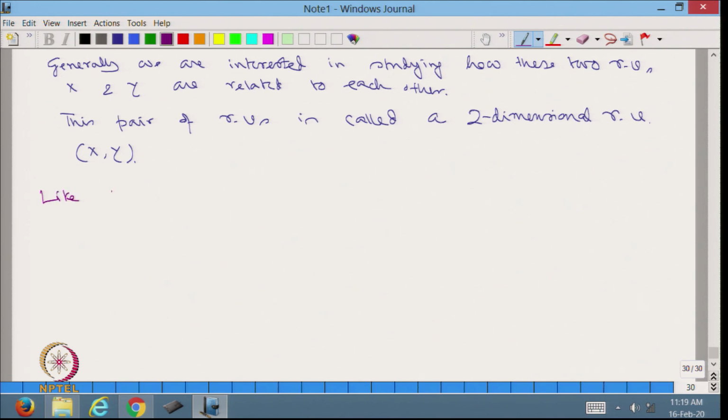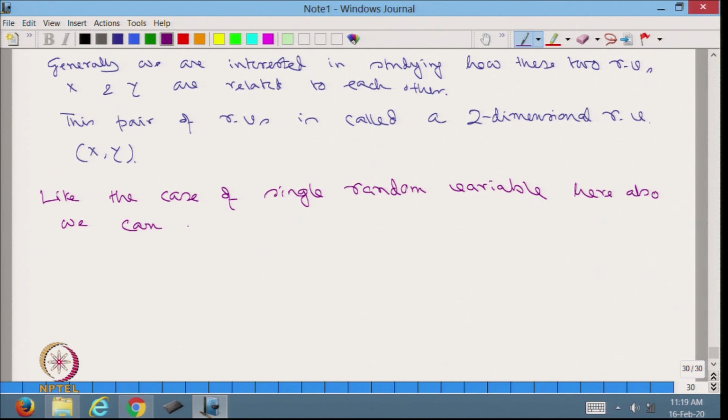Like the case of a single random variable, here also we can have discrete and continuous case.